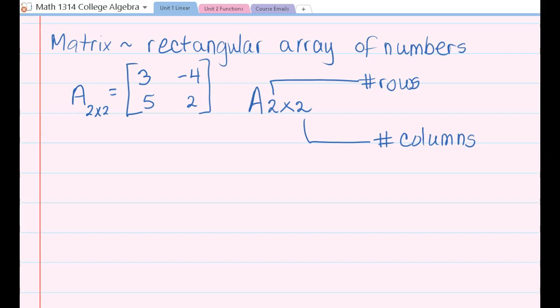So this is what we call the dimensions. This is a 2 by 2 matrix. Now if you want to add two matrices, then you need to make sure that they have the same dimensions. So if you want to add or subtract matrices, then you need to make sure you have the same dimensions.